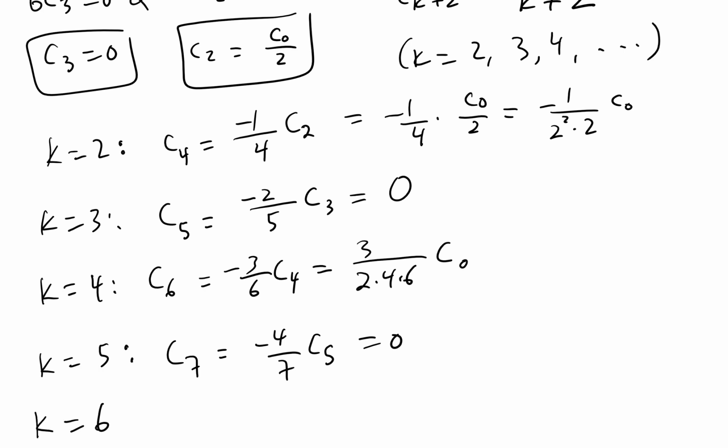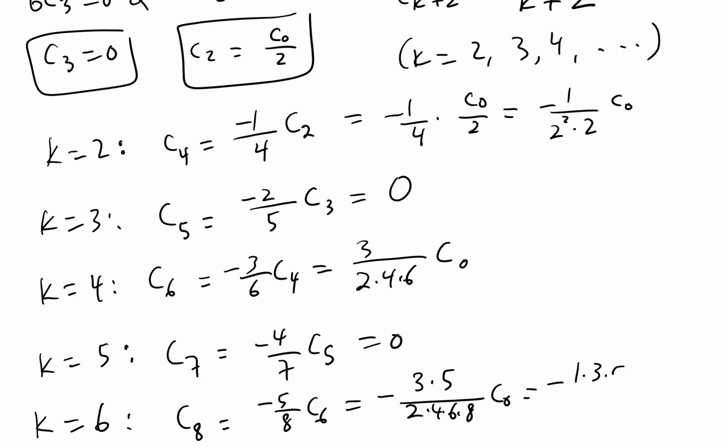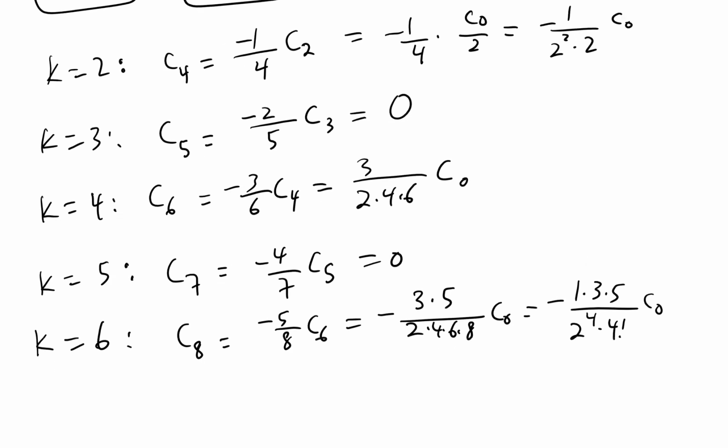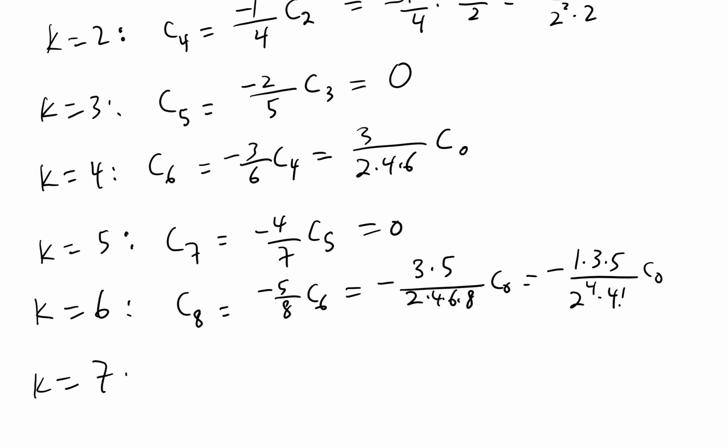Take k equals 6, c8 is negative 5 over 8 c6, negative 3 times 5 over 2 times 4 times 6 times 8 c0, negative 1 times 3 times 5, 2 to the 4th times 4 factorial, c0. And if you like to take more, you're welcome to do so. c9 will end up to be a multiple of c7, which was 0, so that's a 0 again. And so on.